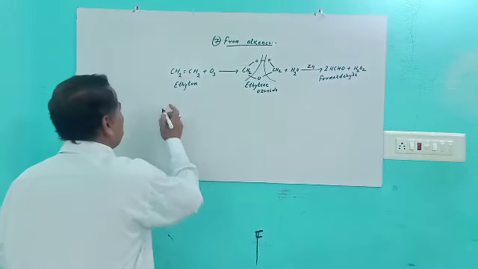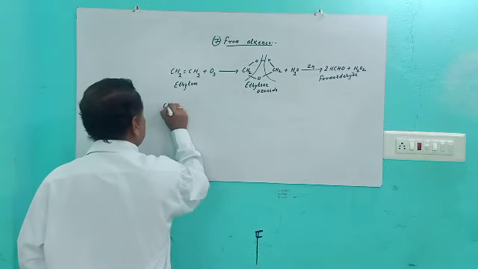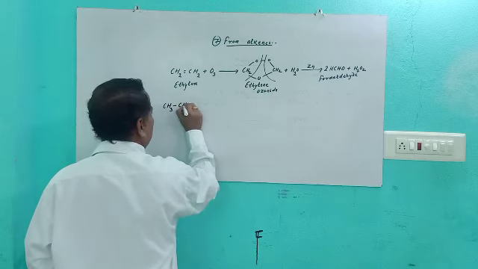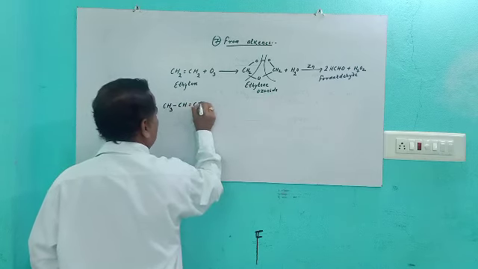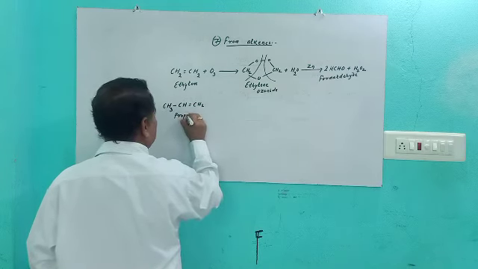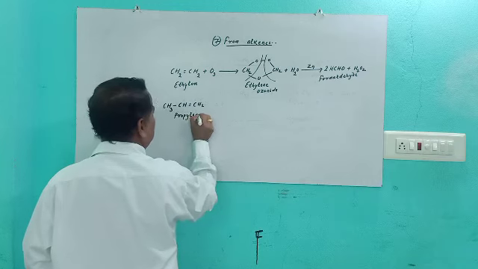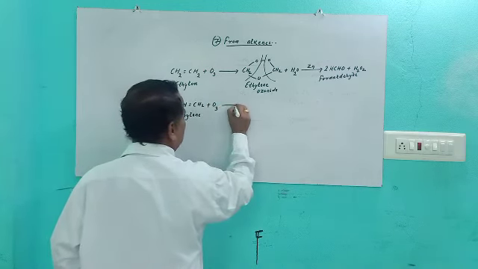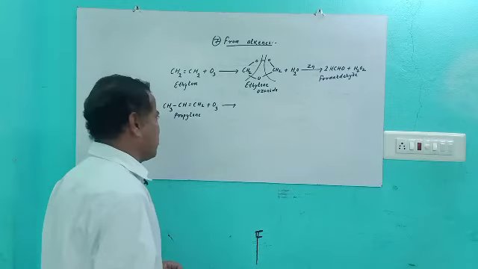If you take CH3-CH=CH2, it is propylene. Propylene on ozonolysis, that is when it is added to O3, forms propylene ozonide, an unstable compound.